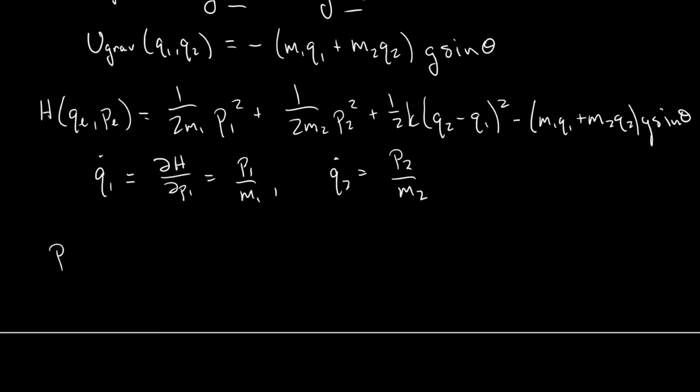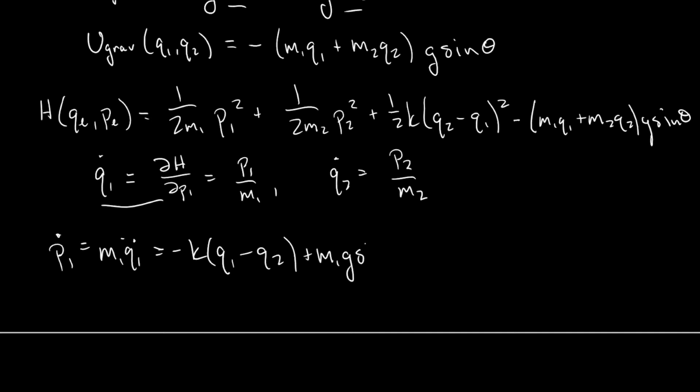And then p1 dot is equal to m1 q1 double dot, just solving this first equation here, and when we take derivatives and everything, minus k (q1 minus q2) plus m1 g sine theta.